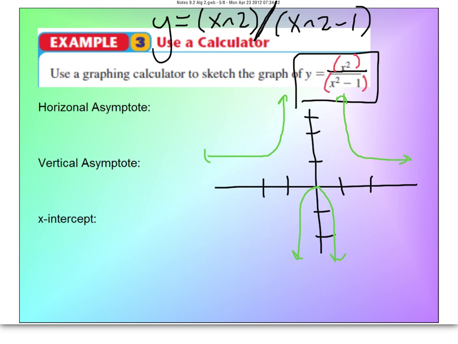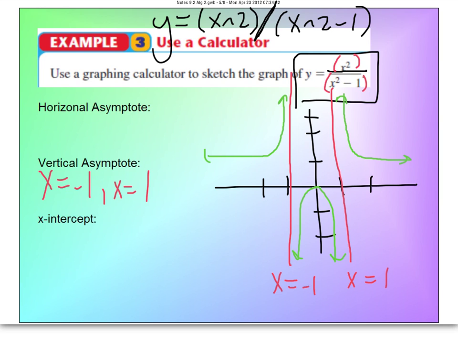Here's what the graph's going to look like. Now I will tell you this one has 2 vertical asymptotes and 1 horizontal. One of the vertical asymptotes is right here and the other is right here. They're going to happen when x is equal to -1 and when x is equal to 1. So I'll write those down over here for my answers.